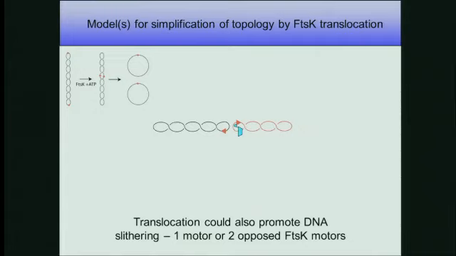So that's all well and good, great model. However, the problem comes at this stage. Why do you only get simple grabbing? You could imagine that at this stage you could grab something over here and trap lots of supercoils, and then when you recombine you again get complex products.